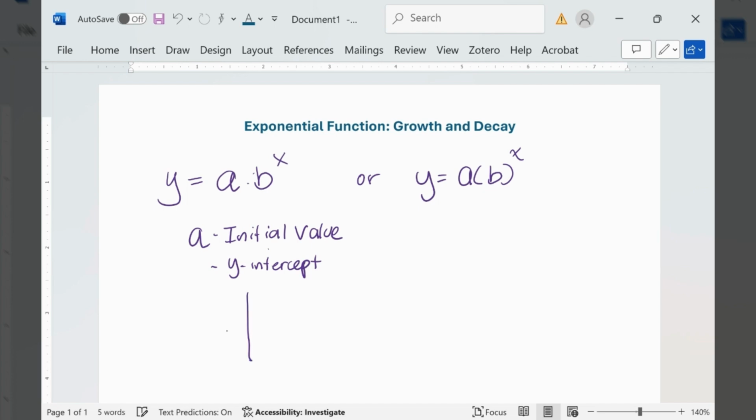So what I meant by that is if this is your graph, you're going to see either increasing, and when it intersects the y-axis, it is your y-intercept or the a, or decreasing.